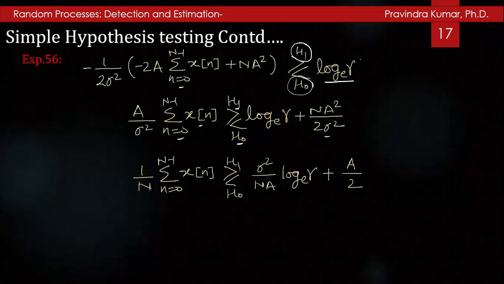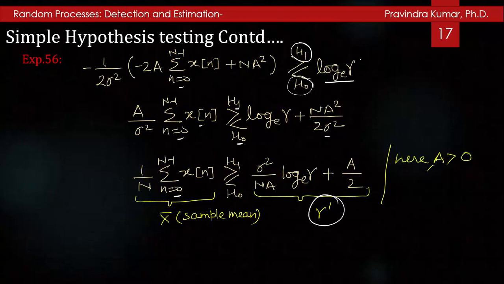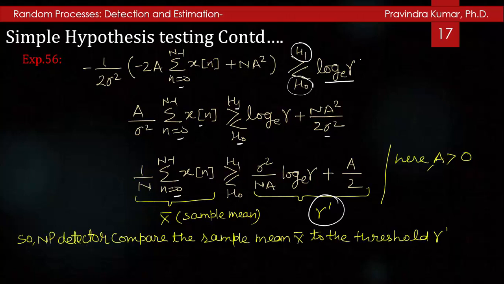And so I can write it as 1 by n summation n = 0 to n minus 1 xn greater than or less than sigma square by nA log e gamma plus A by 2, and this is the new threshold value gamma dash. This is known as the sample mean, so the NP detector compares the sample mean to the new threshold gamma dash.